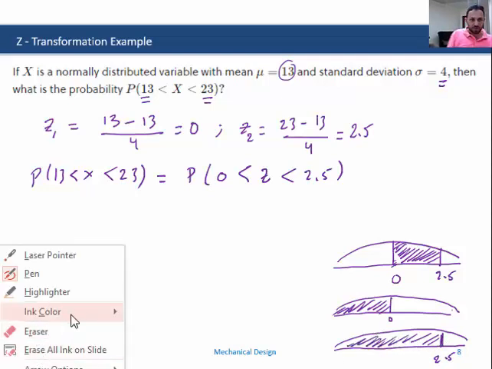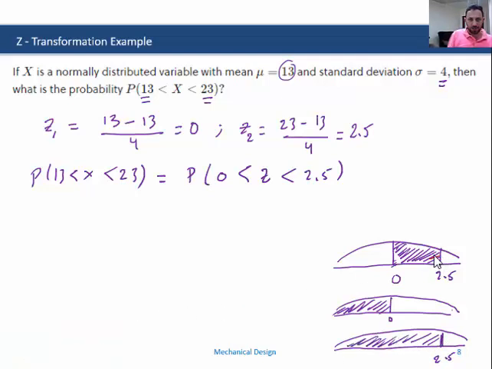So in order to obtain this red region, simply we can subtract this one from this one and we can get the overlap. This is the probability of z less than 2.5.